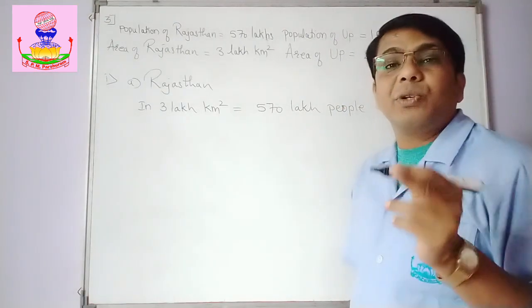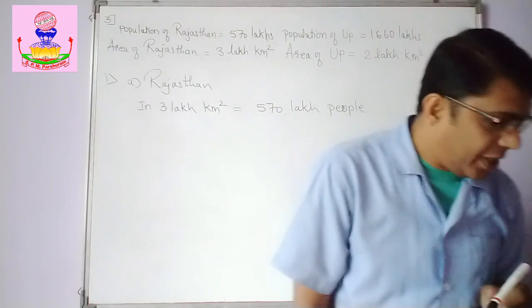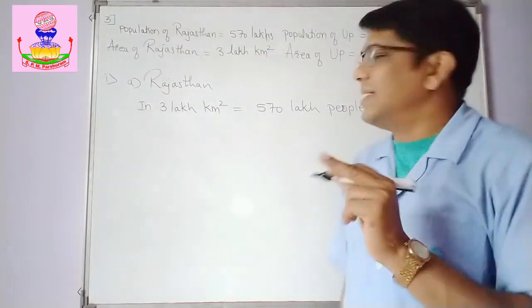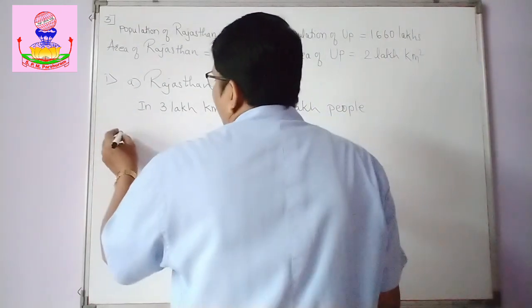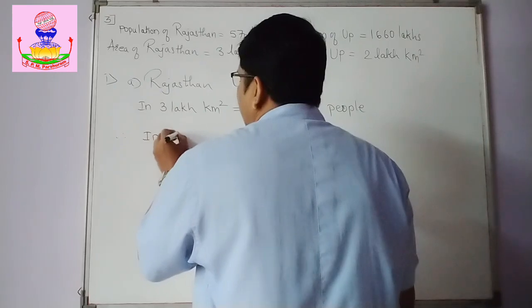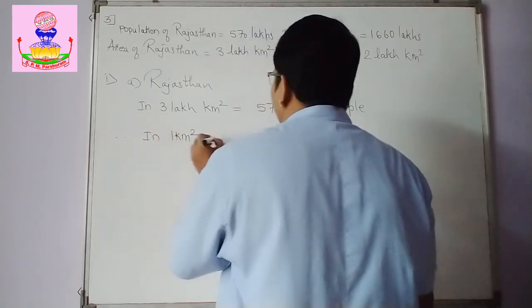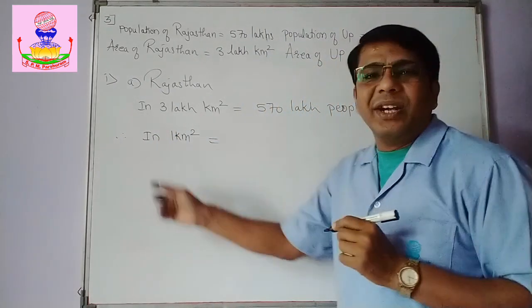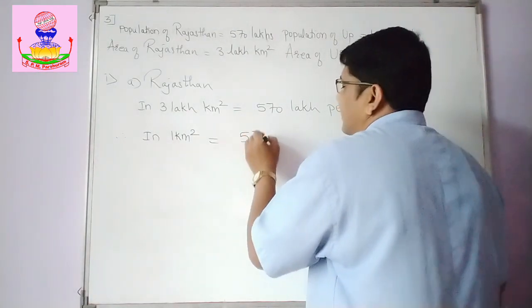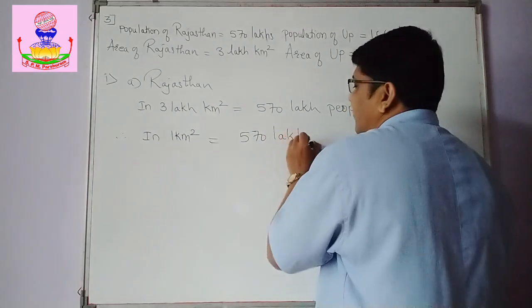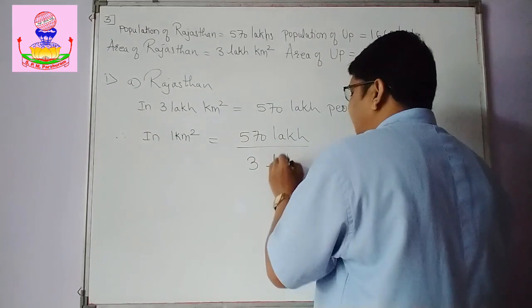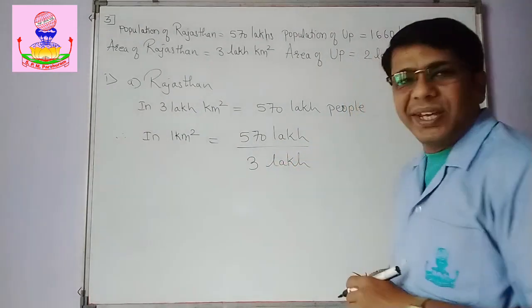Okay, so we want to find per unit, that is per kilometer square. So in 1 kilometer square, what you will do? 570 lakh divided by 3 lakh.